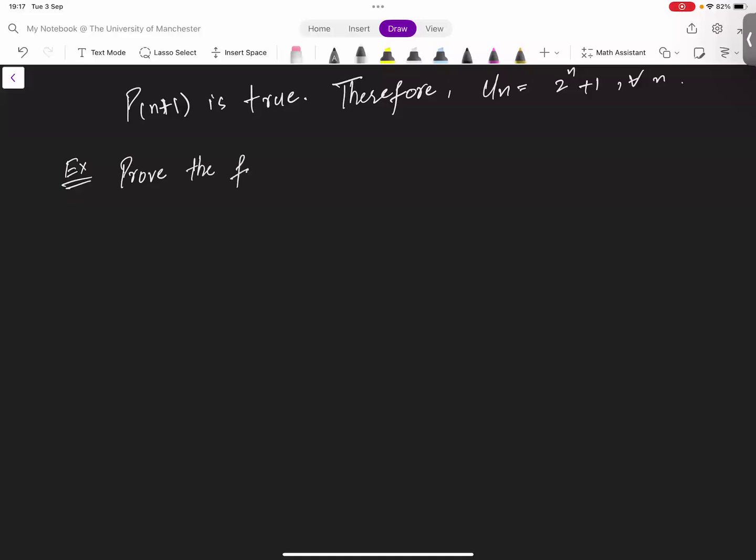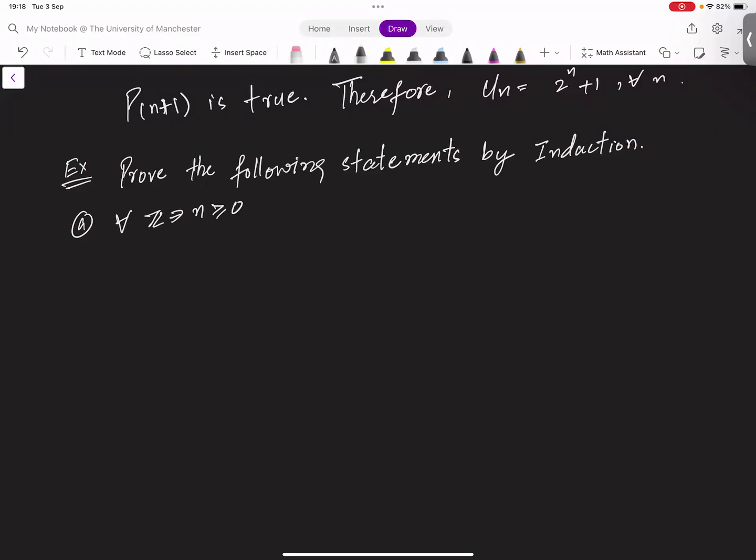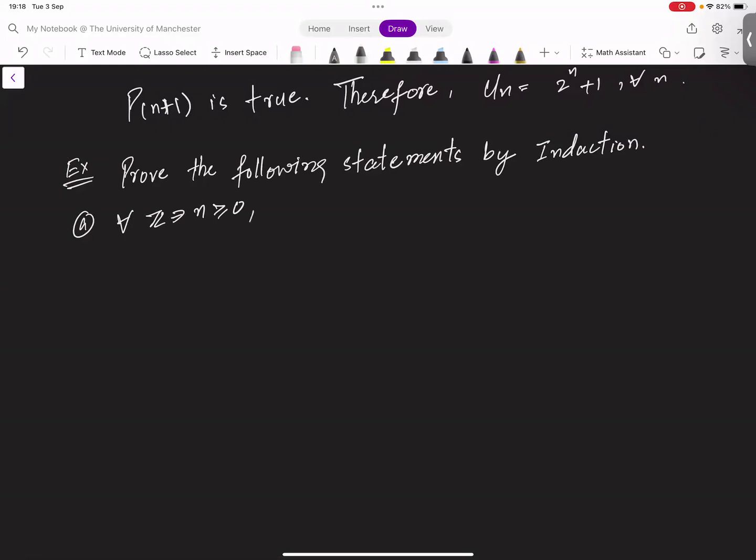A: for all integers n greater than or equal to 0, this means n is an integer, and for all n, the number 5 power 2n minus 3 power n is a multiple of 11.